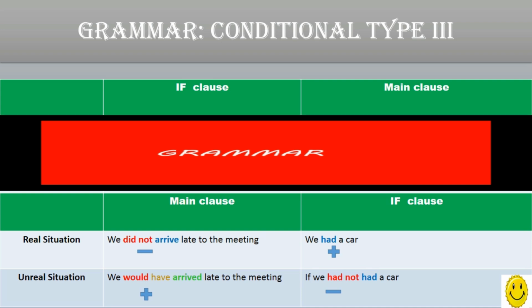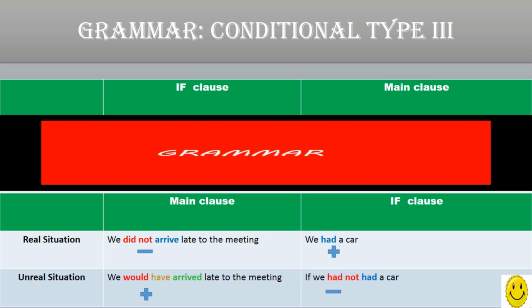This is the real situation, and of course the meaning is completely different from what we have seen before. What is the unreal situation, the conditional sentence in type 3 form? We would have arrived late to the meeting if we had not had a car. In both situations, we were supposed to imagine the opposite of the real situations, and that's the result. That's conditional type 3.